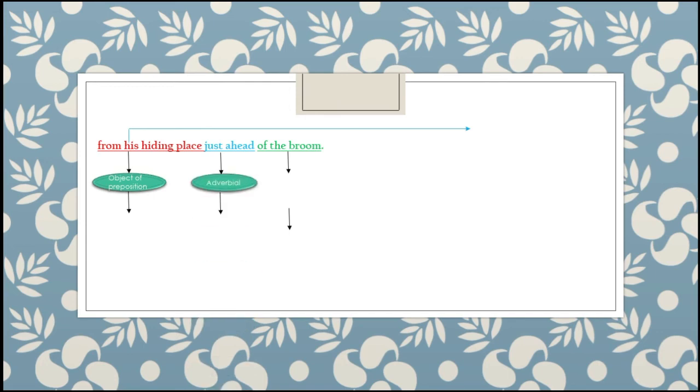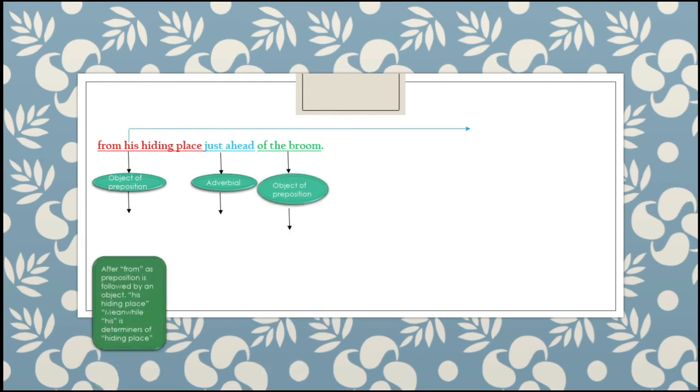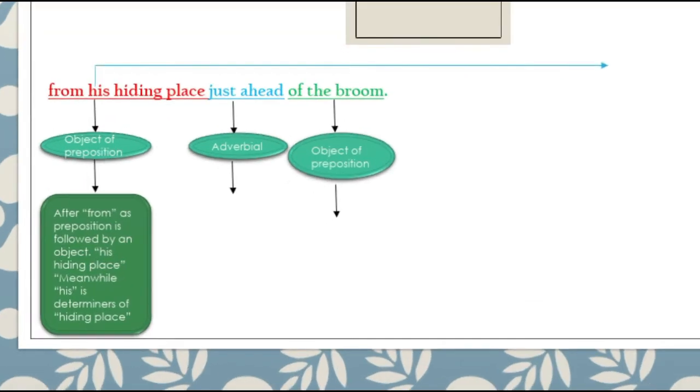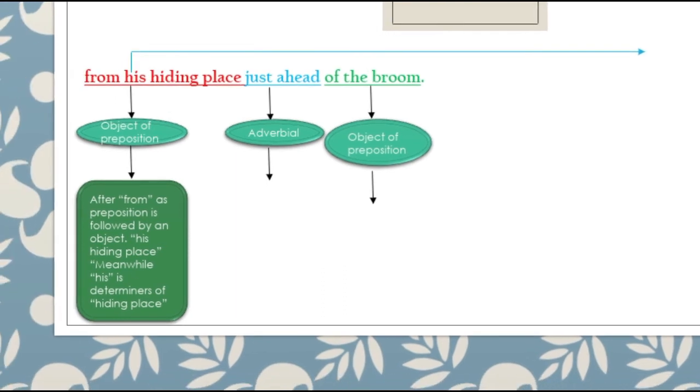Just ahead is adverbial, and of the broom is object of preposition. From his hiding place is object of preposition because after from, as a preposition, is followed by an object, his hiding place. Meanwhile, his is a determiner of hiding place.